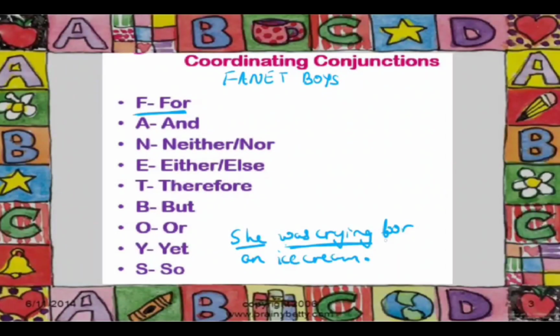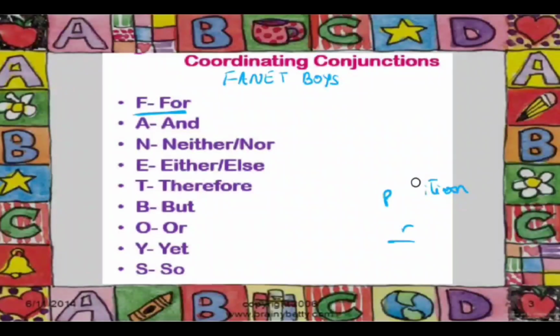The function of for over here is not joining. Hence, here for will act as a preposition and not as a conjunction. So be very careful to identify whether for is a coordinating conjunction or acts as a preposition.